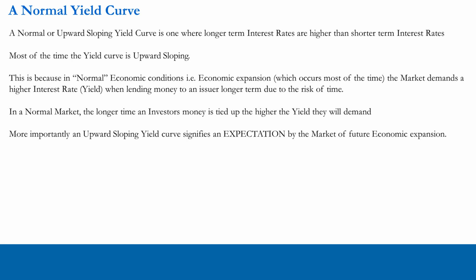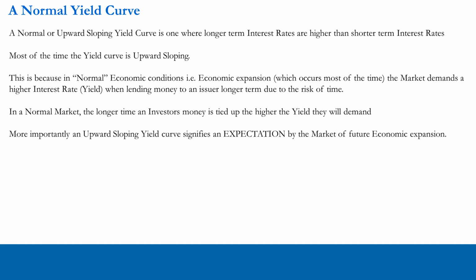This occurs most of the time. During that time, the market demands a higher interest rate, so yield, when lending money to an issuer longer term due to the risk of time, okay? In a normal market, the longer an investor's money is tied up, the higher the yield they're going to demand.